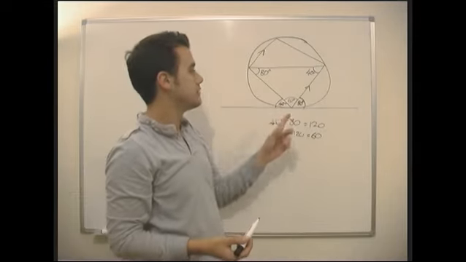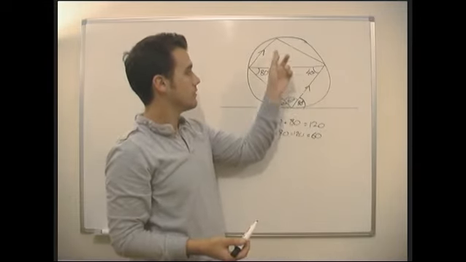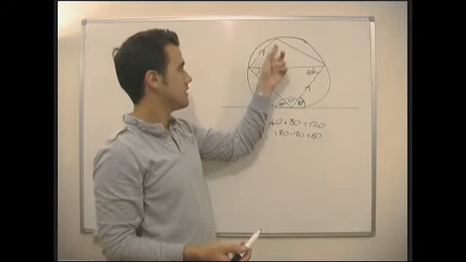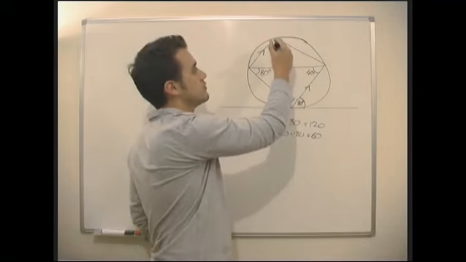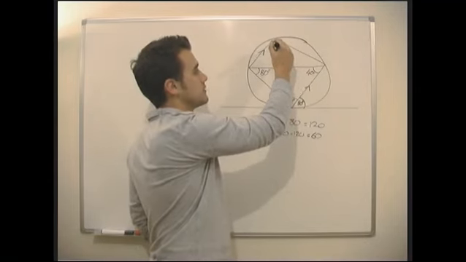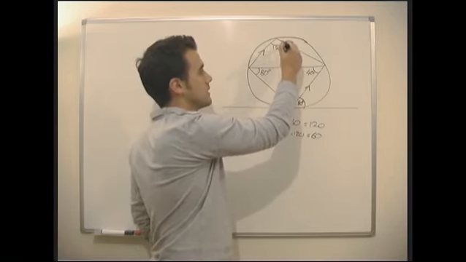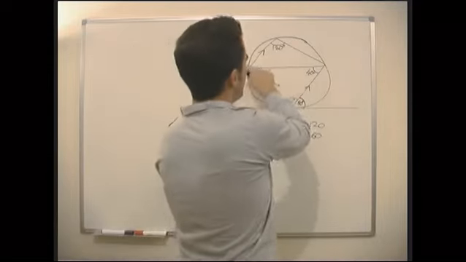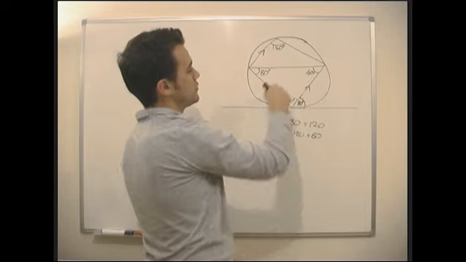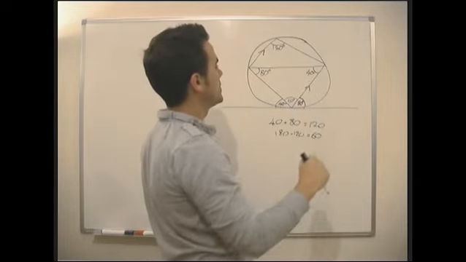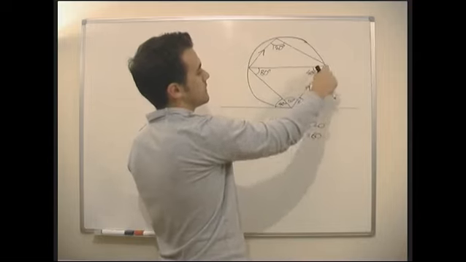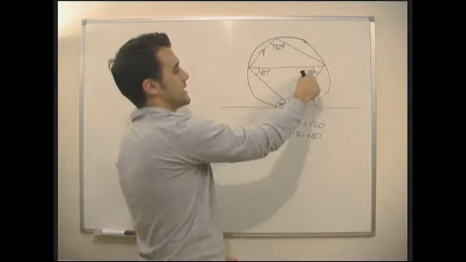Okay, the other thing we need to look at is we've got a cyclic quadrilateral here. So we know that this angle here must be 120, because opposite angles in a cyclic quadrilateral have to add up to 180 degrees. And we've also got this parallel line, so surely there's going to be something on here that can help us. Yes, there is. This line is cutting the parallel line, so we've got our Z angles.